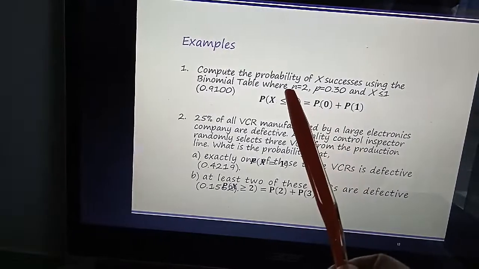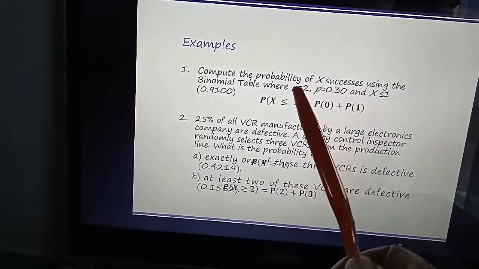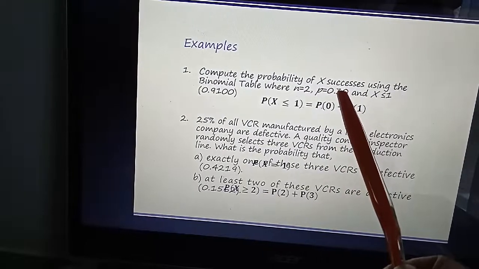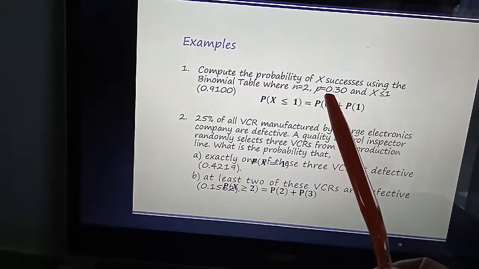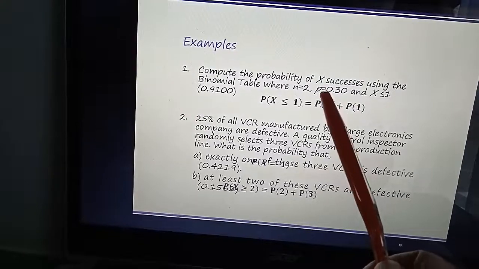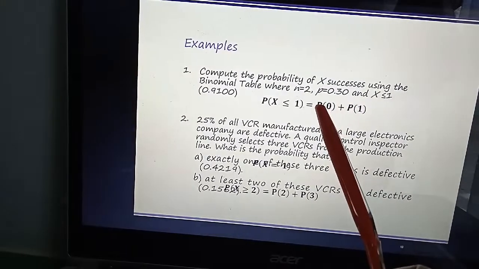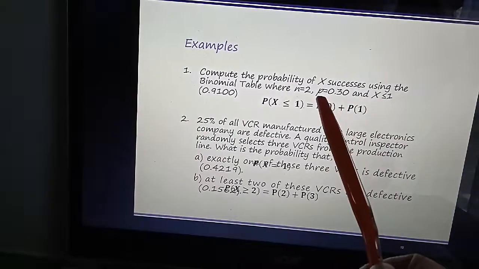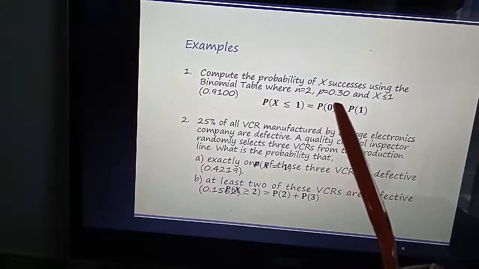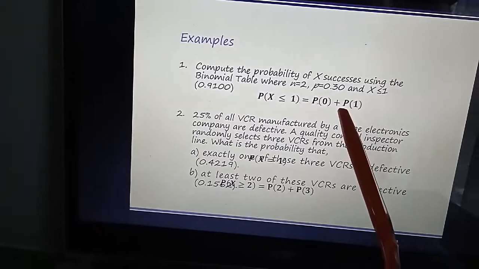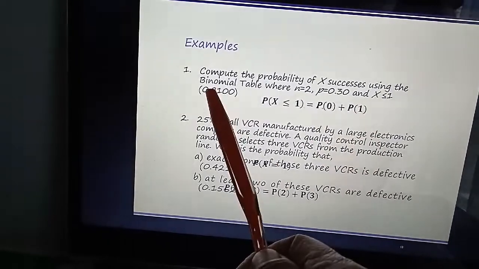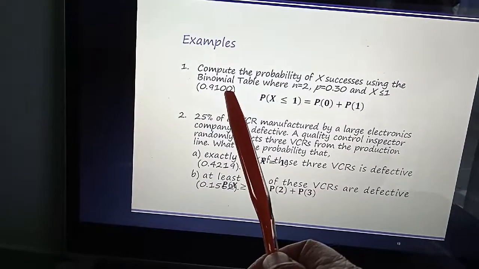So from the table, find the column and row where n equals 2 and p is 0.3, and find the values when x equals 0 and x equals 1. So you get the probability of x equal to 0 plus the probability when x equals 1. So the answer should be 0.9100.